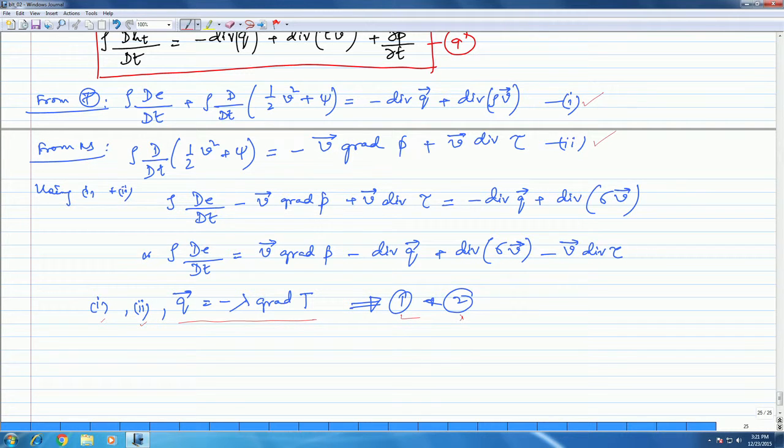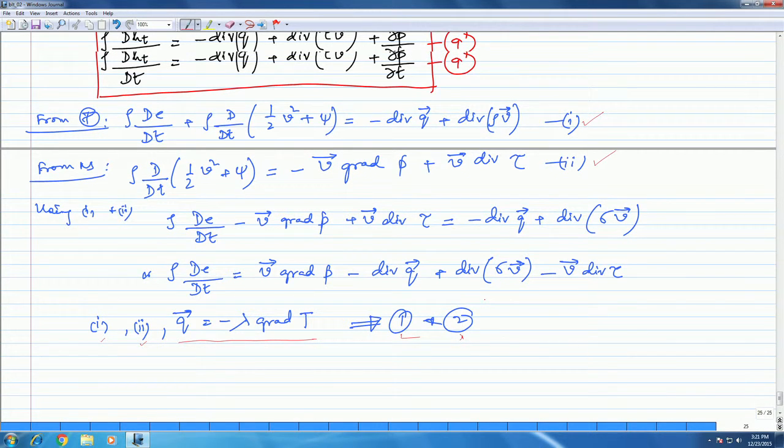As we have seen here, in order to solve for the temperature, we need to know the velocity field.